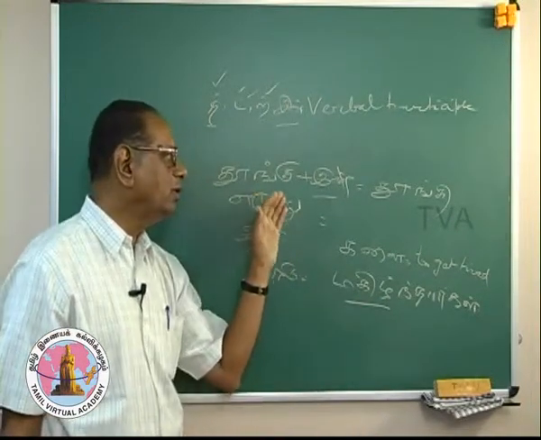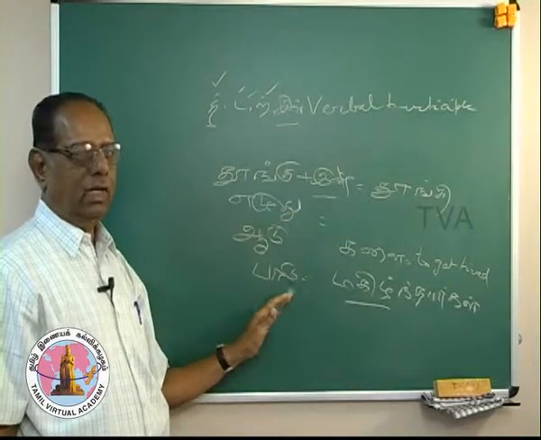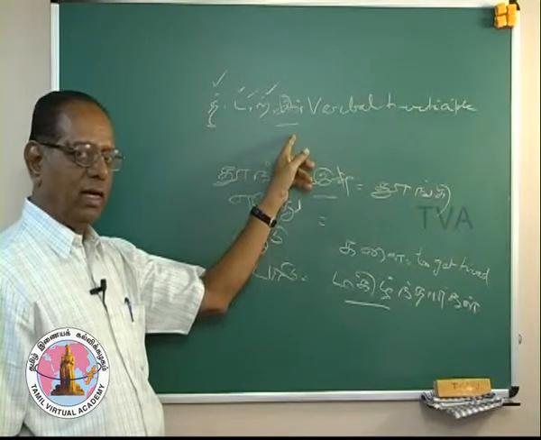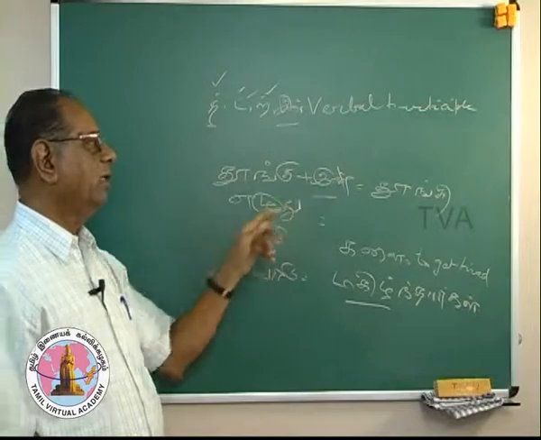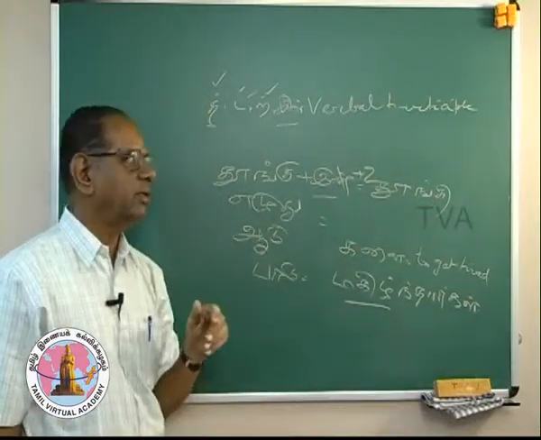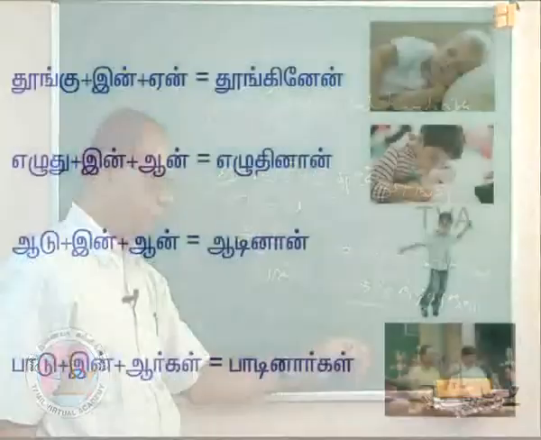So, all these ending verbs accept in as the past tense marker for the past tense and also take i for this verbal participle form.